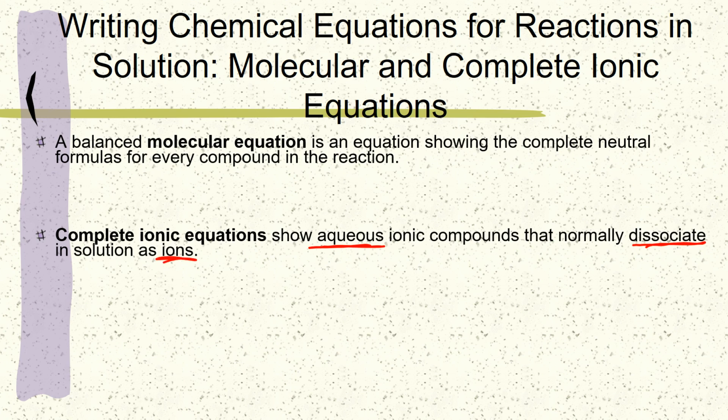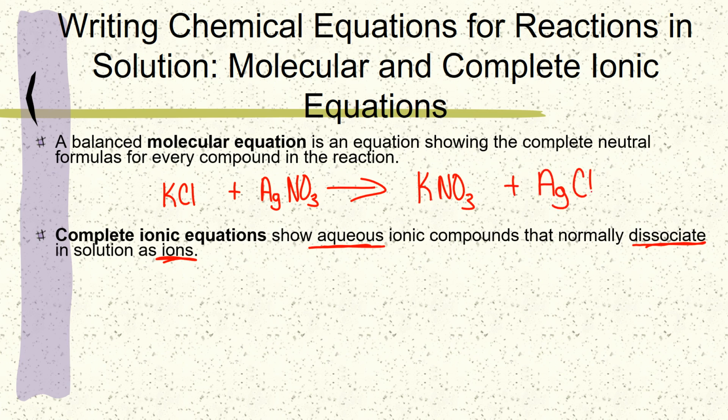So if I had KCl plus silver nitrate, and I react that, that ends up being potassium nitrate and silver chloride.